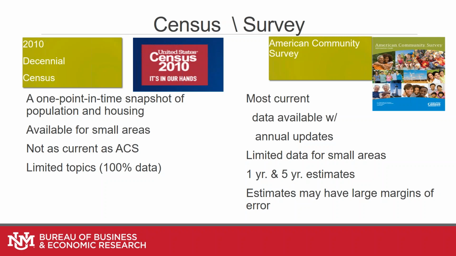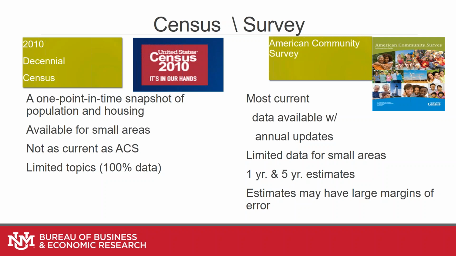What the surveys have that are better than the 100% count census is, one, it's more current because it's done throughout the decade, with annual updates. And sometimes you can also change the questions, so you'll have new or better questions. And because you're doing a sample, you can ask more questions, so there's more data or more subjects that are sampled.